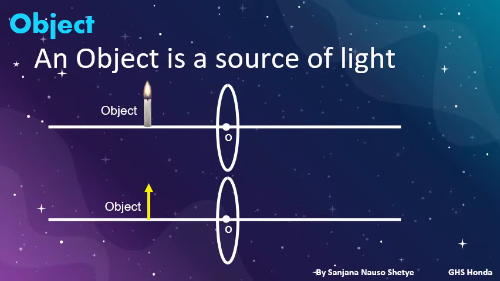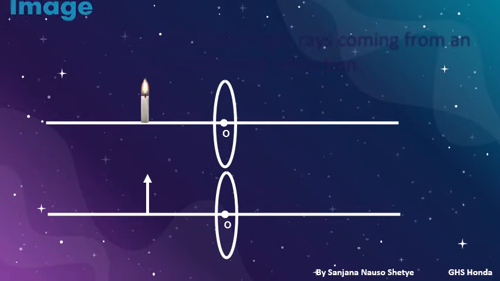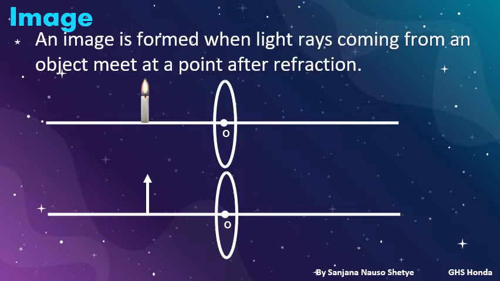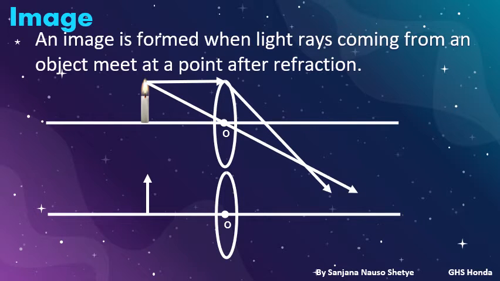Image. An image is formed when light rays coming from an object meet at a point after refraction. So here you can see the formation of image.